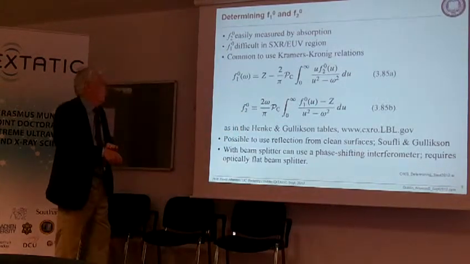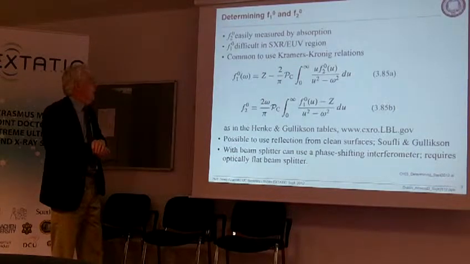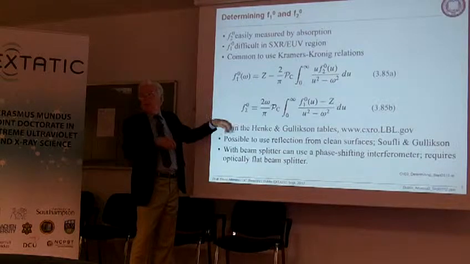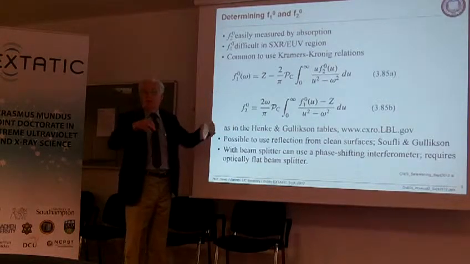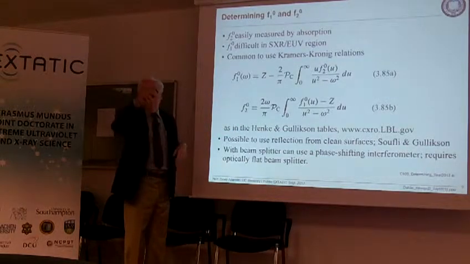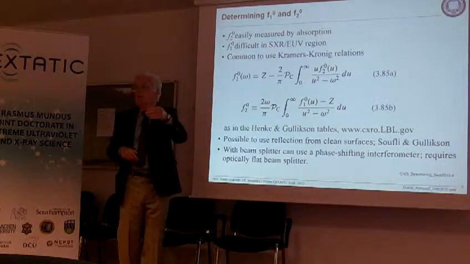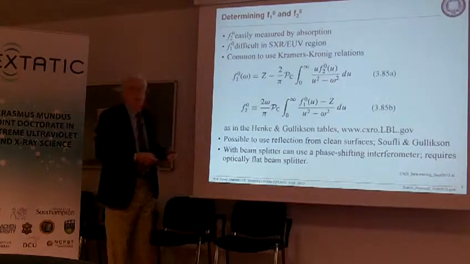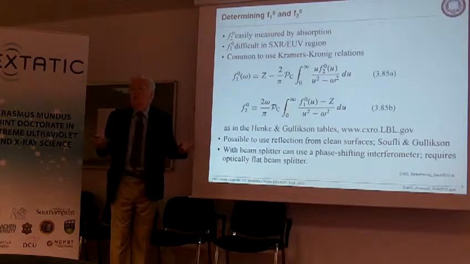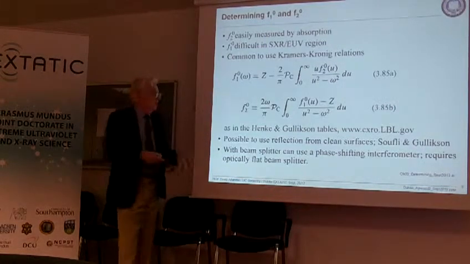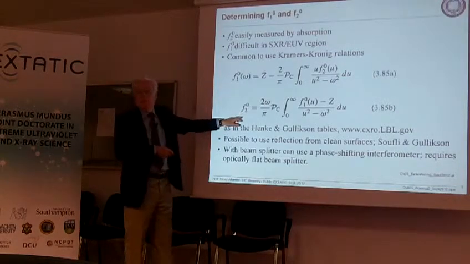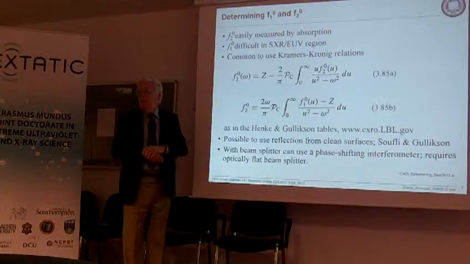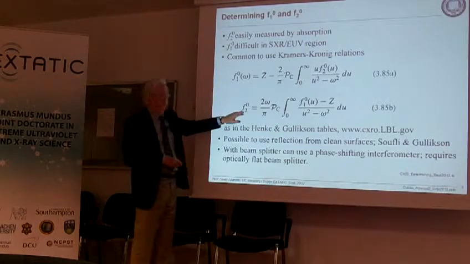Okay, and so what actually happens in practice is that F2 is the absorptive part, if you remember. It's related to mu. Remember, there was a one-to-one relationship for that e to the minus rho mu x. So you put thin foils of all this material, or thin samples of gas, whatever, for instance in a synchrotron where they have a continuum of these X-rays, and you measure this for a full range of photon energy.